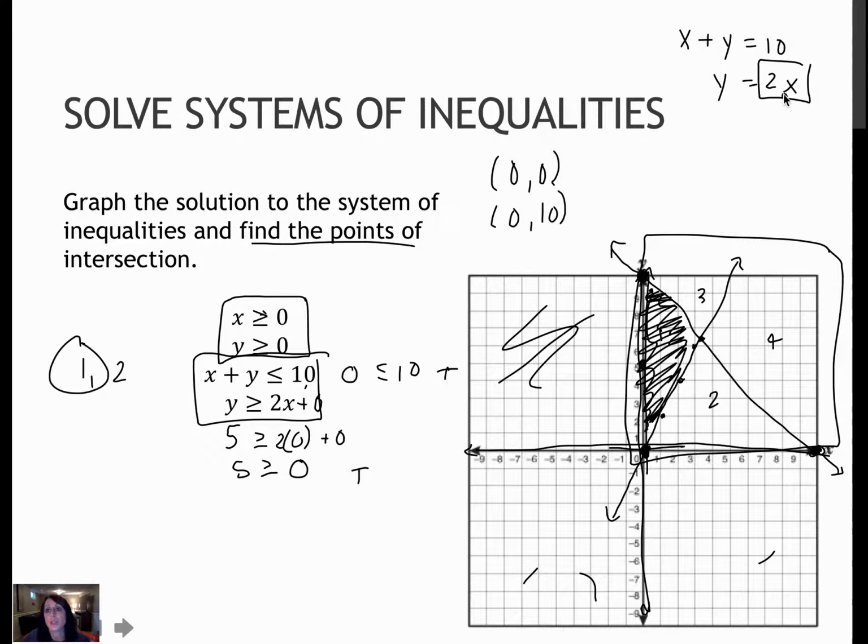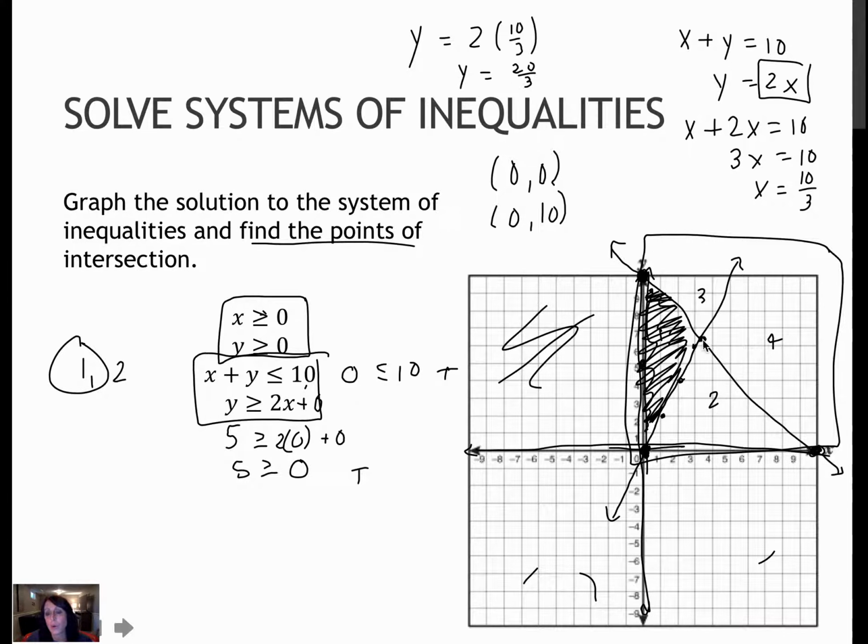So I'm going to plug 2x in for y, so x plus 2x equals 10. So 3x equals 10. And x is now 10/3. To find y, I would plug it back into either equation. So I'm going to say y is equal to 2 times 10/3, which means y is equal to 20/3.